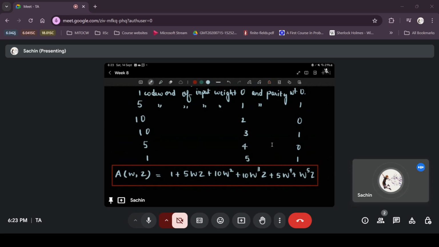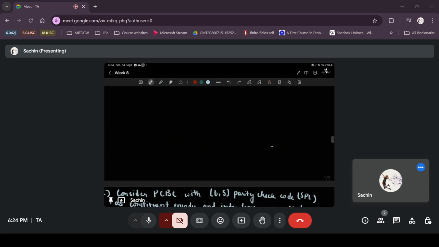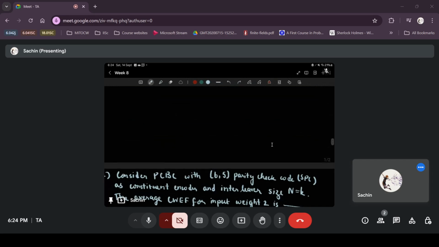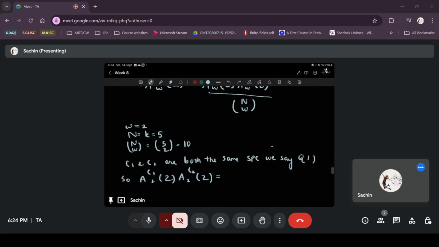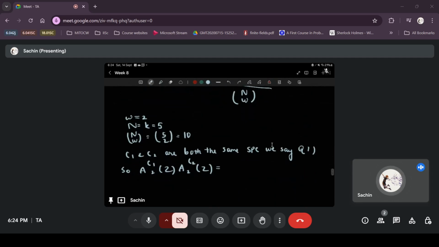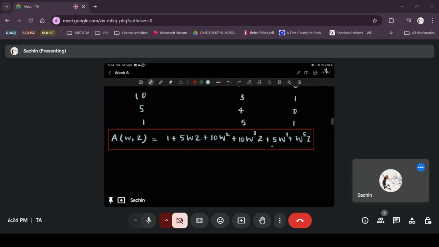So when weight is 2, the W term which has power 2, which is W square, the coefficient of that is the conditional weight enumerating function, the average conditional weight enumerating function, the average CWF here. So A2 C1 of Z and A2 C2 of Z are both 10.